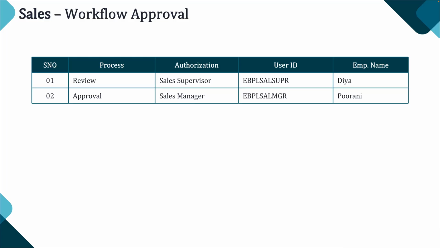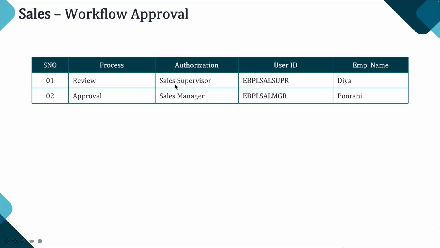So this slide holds the workflow approval. And so this process consists of two steps. One is reviewing the document, another one is approving the document. First and foremost, the user will be forwarding the document to our reviewer. And here our reviewer is Dia, who will be acting as a sales supervisor.